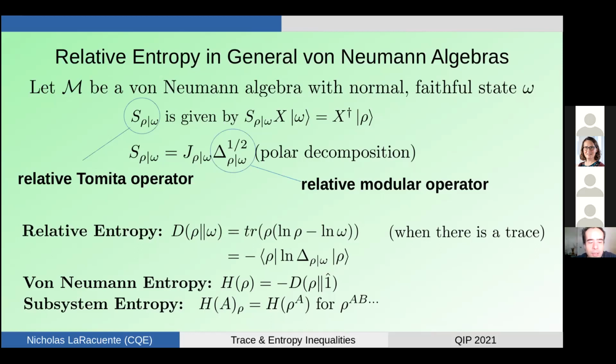Now, both of these will have the issue that in many of these field theories, by default, they become divergent. And so if you try to take, for example, the entropy of a subregion in a type 3.1, for instance, you will find that in general, that's going to be infinite.